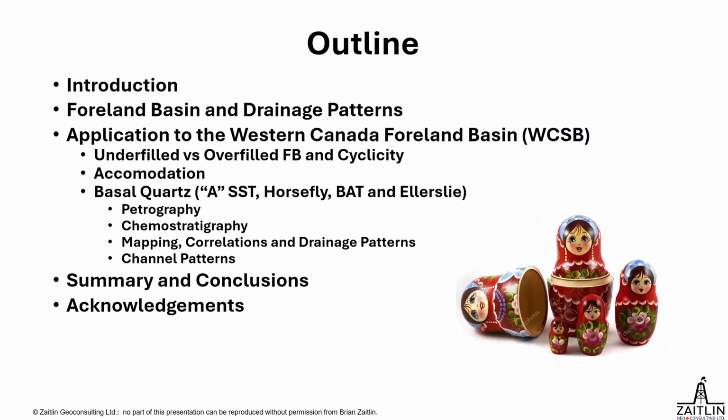I'll go into describing the foreland basin and drainage patterns, the application of such to the Western Canada foreland basin, and describe a couple of new concepts, what an underfilled versus an overfilled foreland basin is, and the amount of cyclicity that can occur within these types of deposits, how accommodation controls these units, the amount of space we have, then deal with some key techniques as we go along, and then sum up with some summary and conclusion statements.